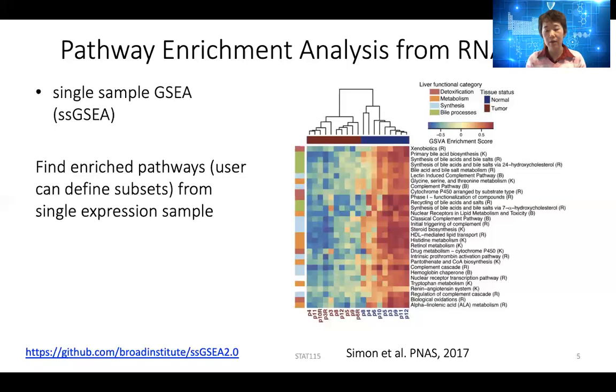That's a way for you to look at different samples to see how robust a particular signature is, comparing tumor versus normal, or within different tumor samples in the same cancer type. Okay, so that's another way you can look at gene expression.